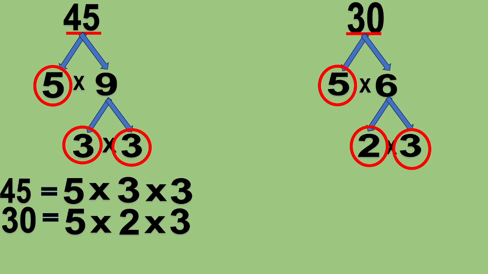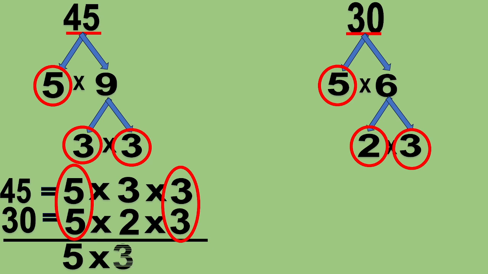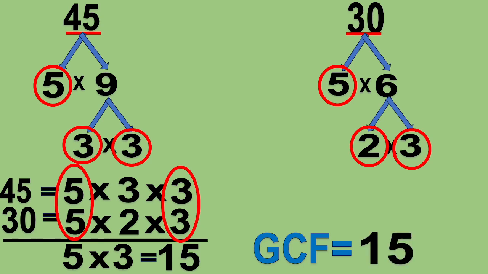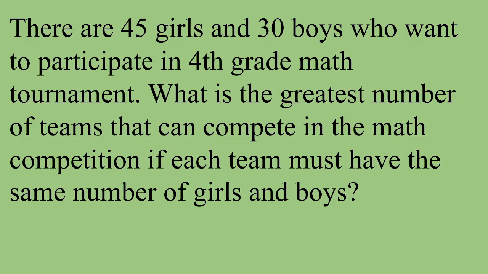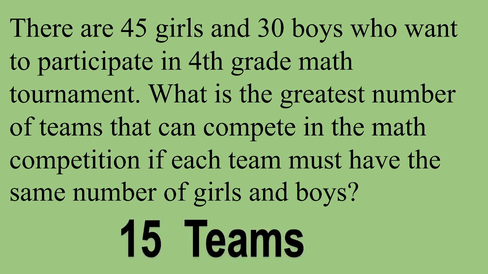Next, we need to find the common prime factors of 45 and 30. We have 5 and 3. Then we multiply the common prime factors. 5 times 3 equals 15. So, our greatest common factor or GCF is 15. So, the greatest number of teams is 15.